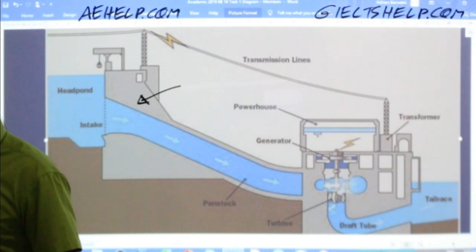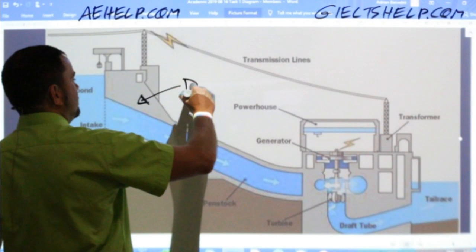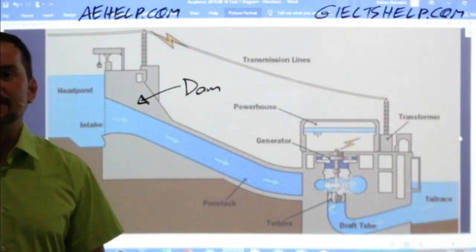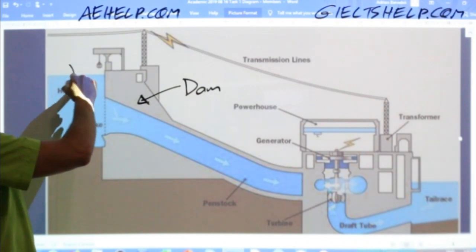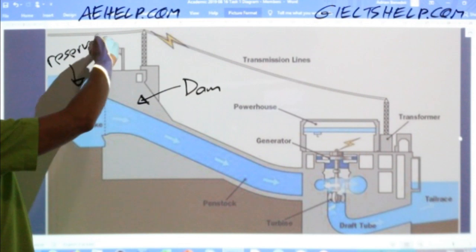Can anybody give me the full name of this structure? So even though we don't have it here, on your IELTS exam, you'll probably have the full name. Shang Hung says reservoir. This is the reservoir here, Shang Hung, so that's a good word.